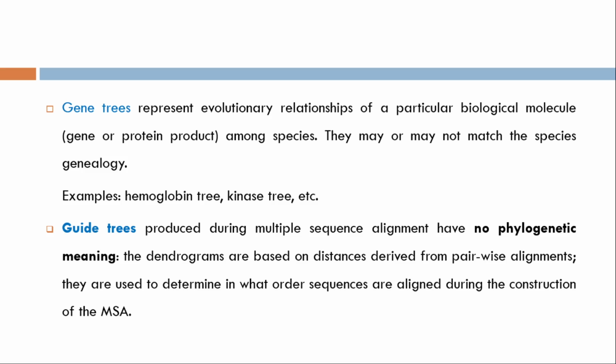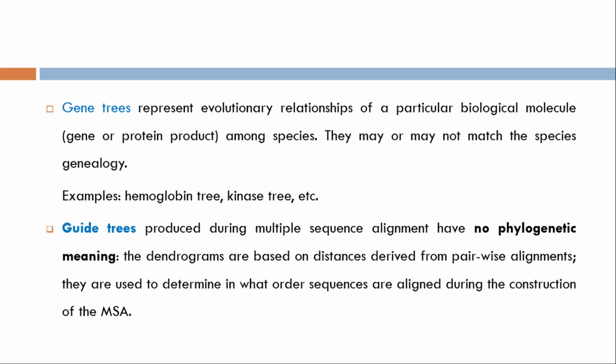Say, for example, suppose in the phylogenetic analysis you find that the TP53 genes of human and mouse have a common ancestor. It doesn't mean that, as organisms, human has a close relationship with the mouse or something else. So gene tree is different and species tree is different.